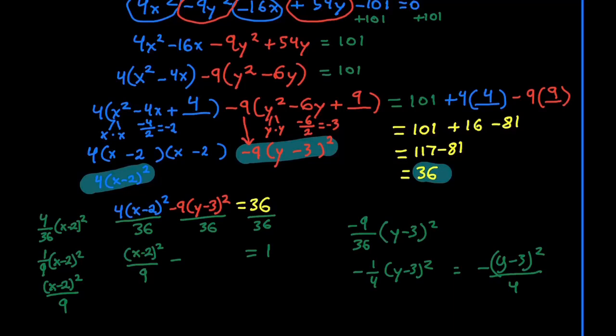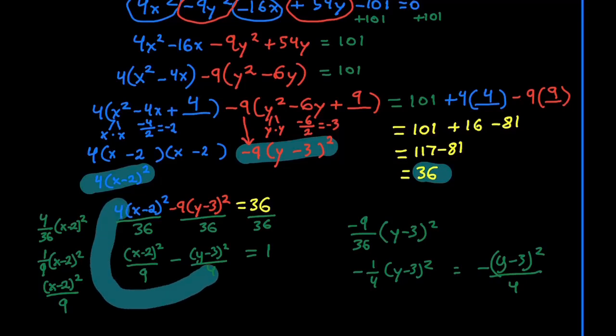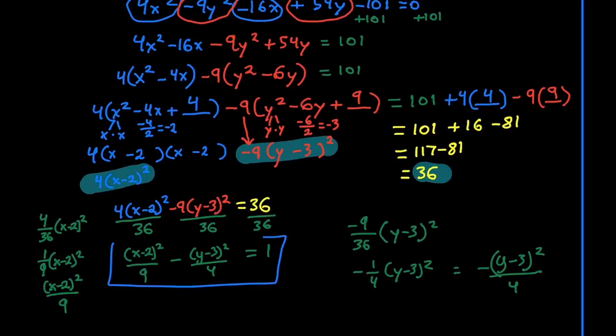And so the subtraction sign is already there, and we'll just say y minus 3 squared over 4. So this is one way you can confirm. If you notice, the 4 has gone down there, and the 9 has gone down there, almost as if they switch places. It's just how it works out with this question. But now we have the standard form of the equation, so that takes care of the first part.